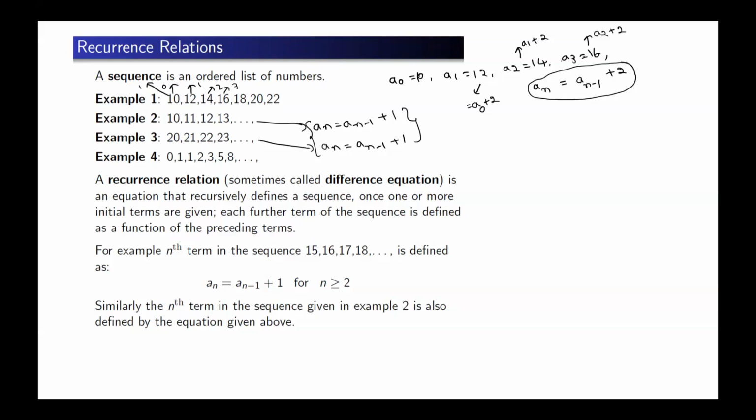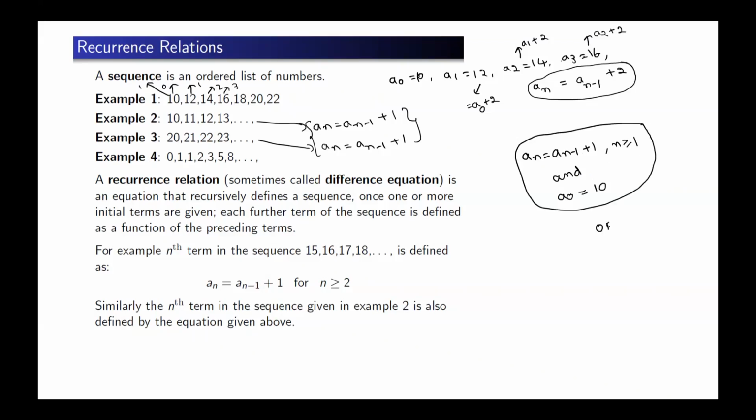For that, if I clearly say that a_n is a_(n-1) plus 1, and a naught, if we start with a naught, otherwise a1, whatever. A naught is, say, in the second case it is 10. Here n is greater than or equal to 1. Does it uniquely define that sequence or not?